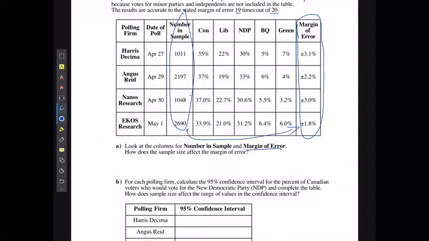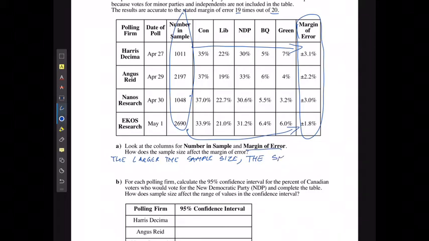If I look at my smallest sample size, I have my biggest margin of error. So, the larger the sample size, the smaller the margin of error.